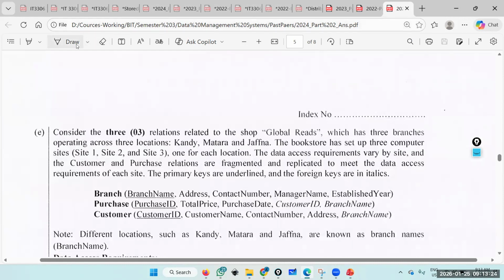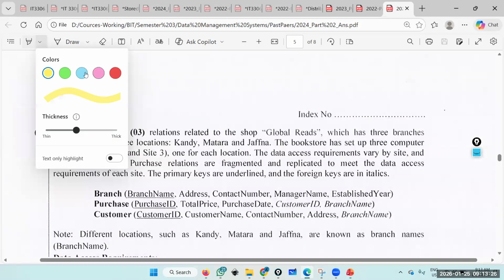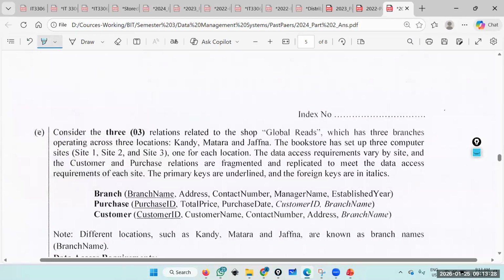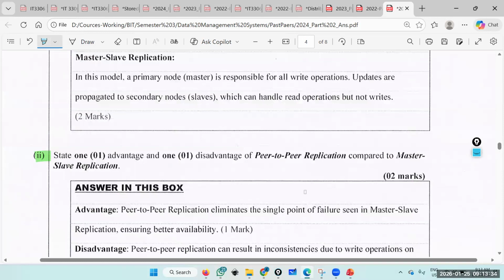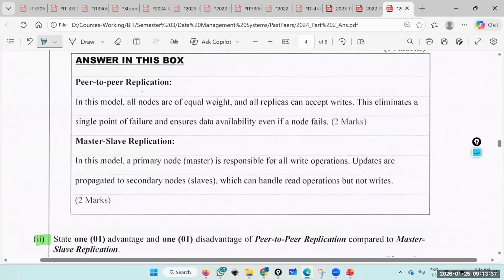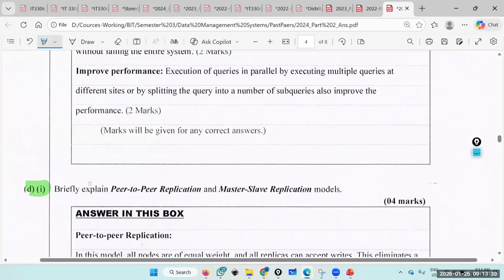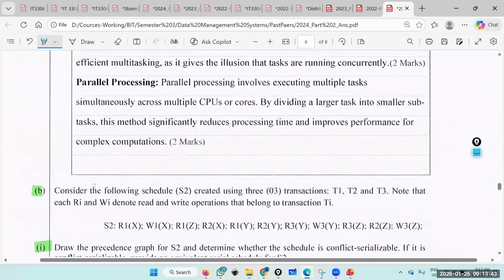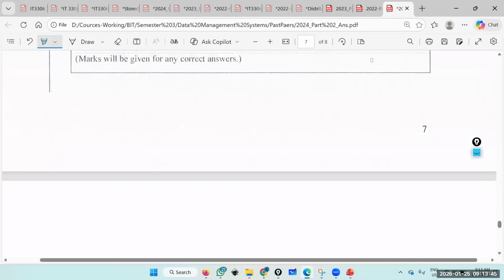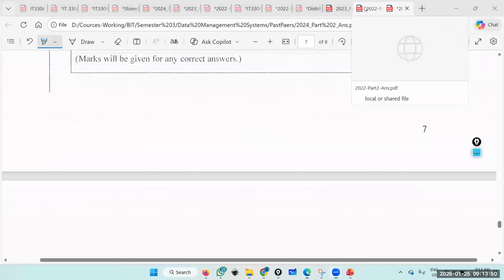Because now we have done this. Yeah, this is also distributed database related. Okay. Yeah, that's it, right? But let's look at the 2022 paper. Then all three quick papers are covered.